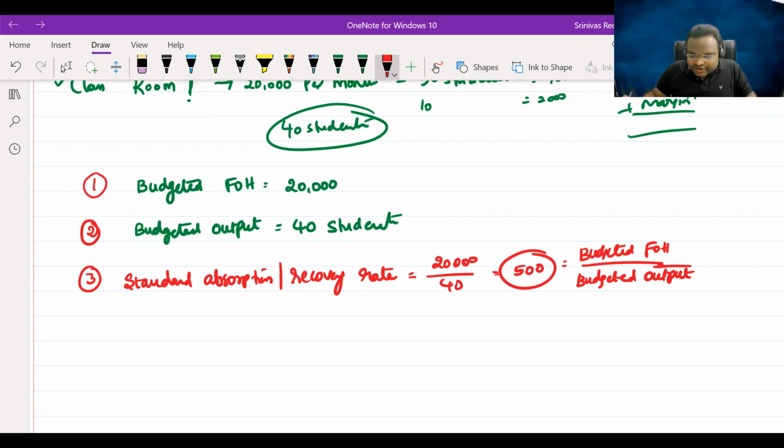What I expected is that 20,000 would be my rent and 40 students are expected to come into the class. So I should recover at least 500 rupees from each student. That is what we call the standard absorption recovery rate. That is per unit. If you want per hour, it is budgeted fixed overheads divided by budgeted hours.